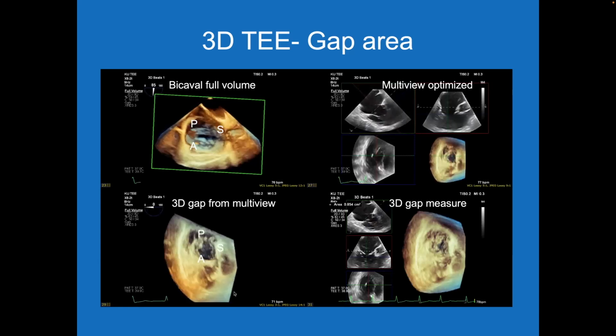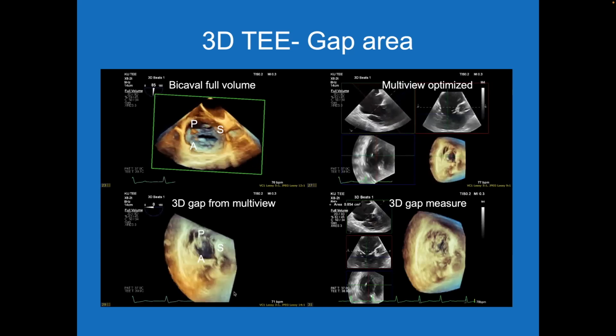So on the bottom pictures, I have a short axis of the tricuspid valve in 2D on the left, and then on the right, a 3D image of that tricuspid valve. And so the bottom left-hand picture is just a large view of that 3D picture, showing how well you can see the morphology of the valve, the posterior, septal, anterior leaflet, and that coaptation sort of gap there.